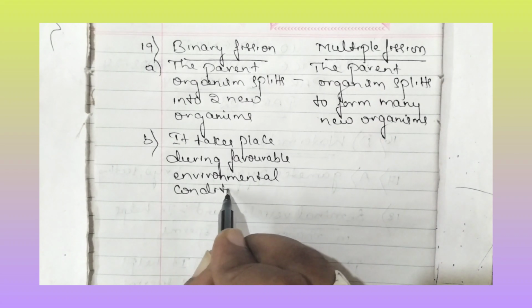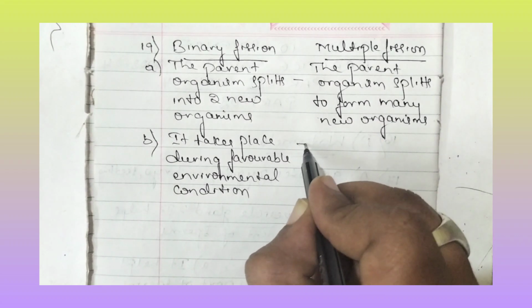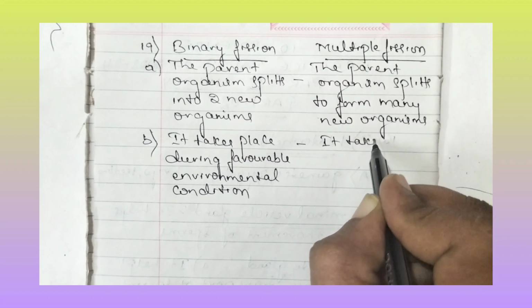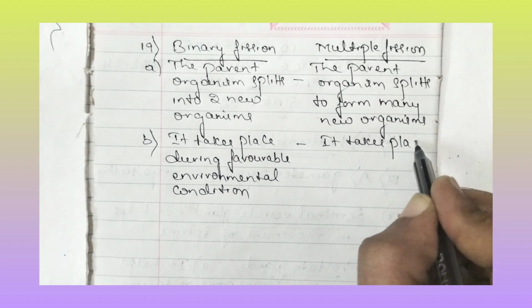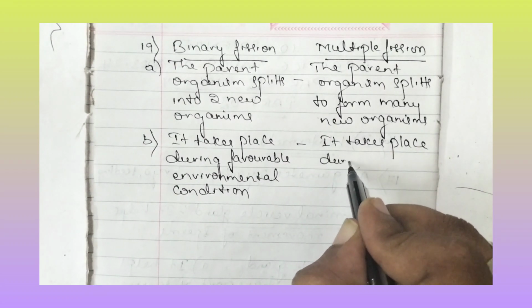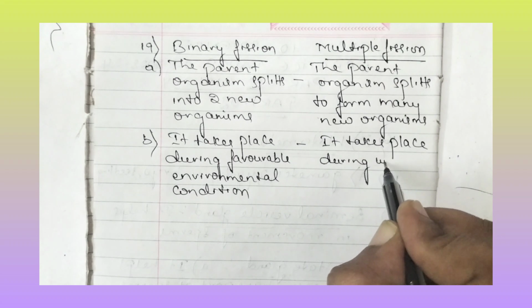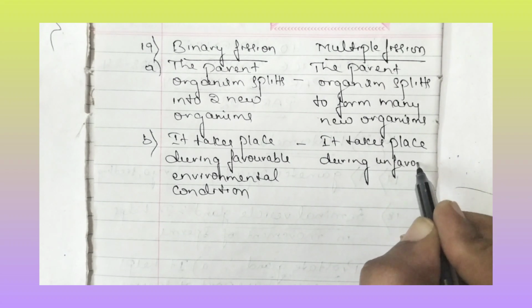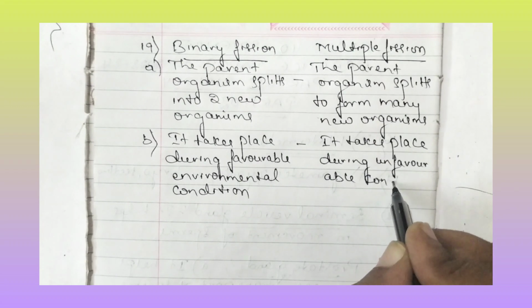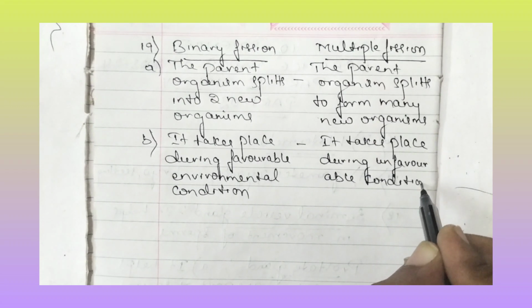And multiple fission takes place during unfavorable condition also, by forming cyst.